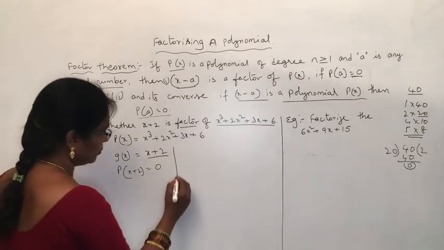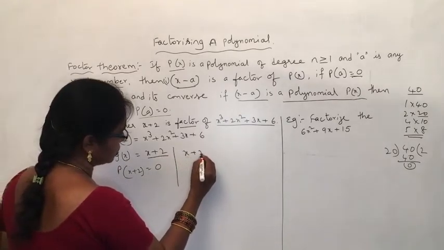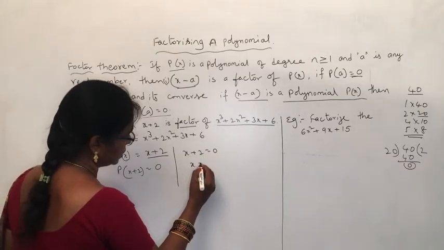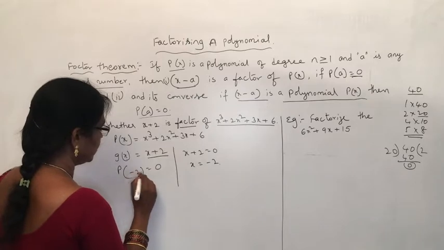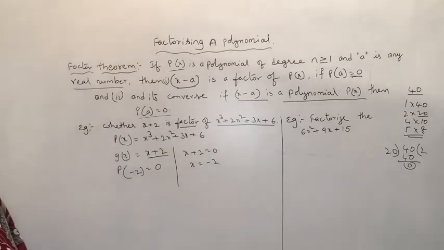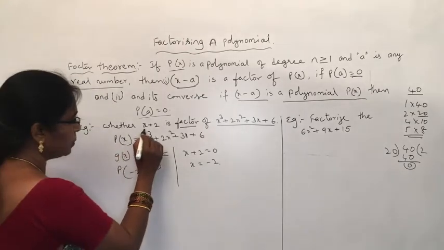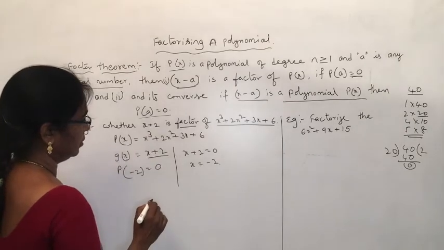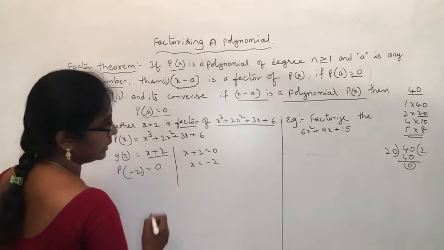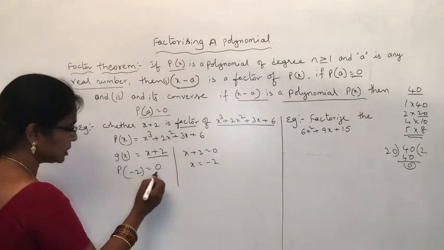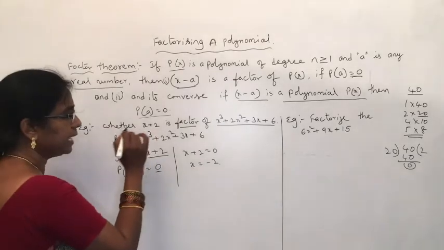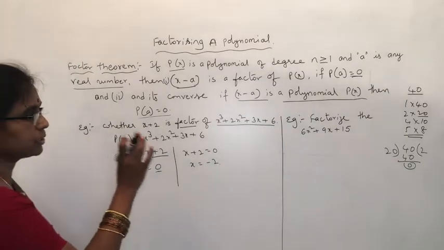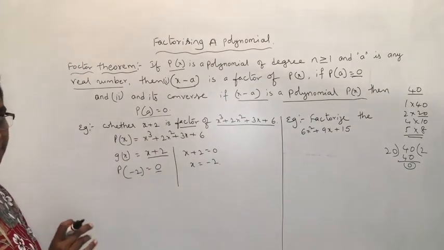Now, the zero of the polynomial: x plus 2 is equal to 0, x is equal to minus 2. Then here P of minus 2 should be equal to 0. If x plus 2 is a factor, then x is equal to minus 2. If you substitute minus 2, you have to get 0. Then only we can say x plus 2 is a factor of x cube plus 2x square plus 3x plus 6.